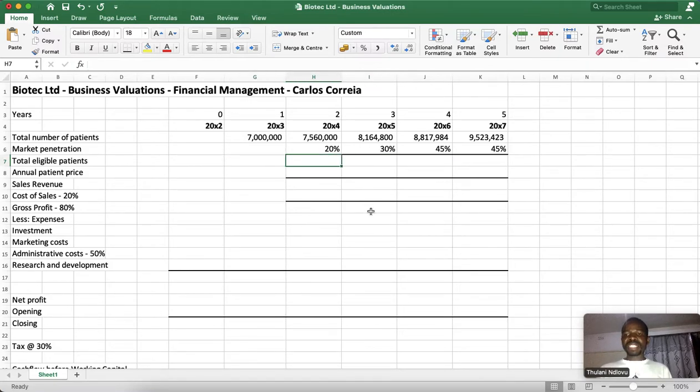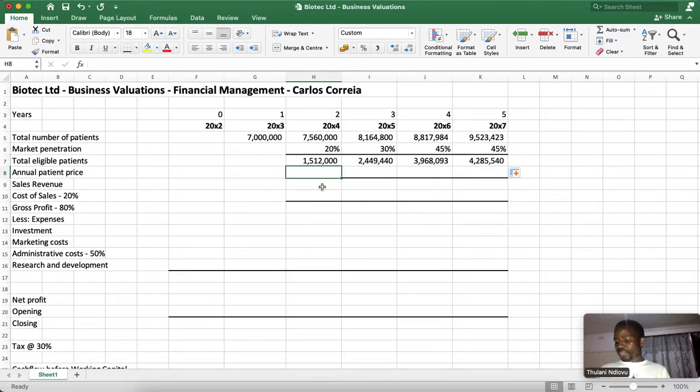Now, how many patients will be eligible or will use our drug in 20x4? We say total patients multiplied by our market penetration. We get that figure. We can copy the formula up to 20x7.